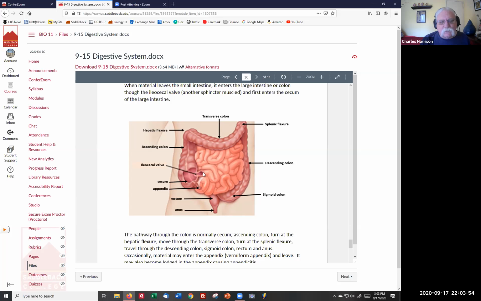The diagram will not show you where the jejunum and the ileum separate, but you know that you're in the ileum here because it's entering into the cecum. The cecum is the first pouch of the large intestine, which is this entire structure here.